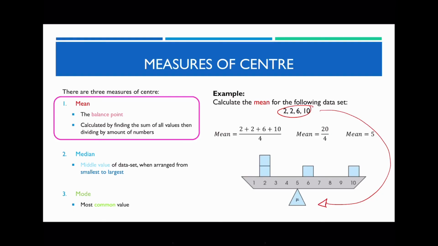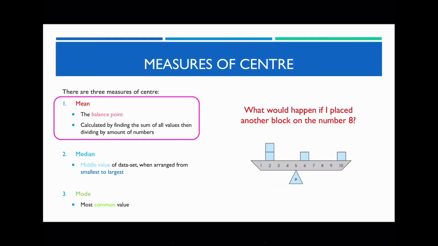Now this is going to go slightly above what we need to know for this course, but I'm just going to show you what would happen if I place another block on the number 8. So using our current data set, what happens if I introduce another value and that value is equal to 8? You probably know that if you add another value, the balance is going to be tipped to the right-hand side. So this would indicate your mean is no longer going to be 5 at all.